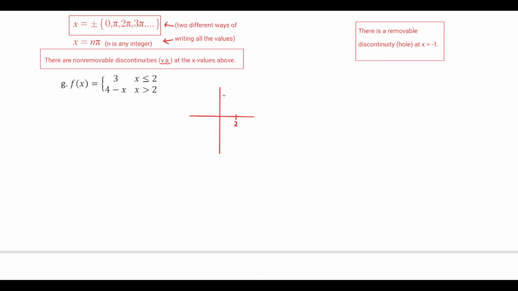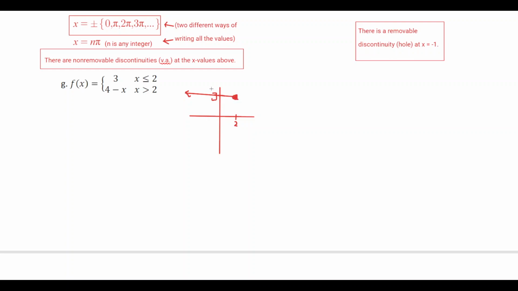So basically we're going to have a horizontal line at y equals 3 going all the way to where x is 2, with a closed dot here. And then the second piece is 4 minus x.